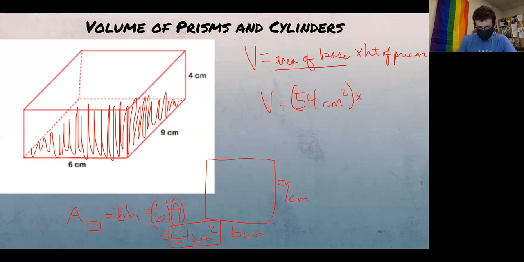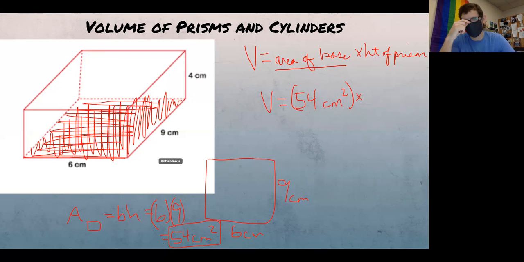In this particular problem, what value would be the height of the prism? 4. So the main idea behind the height of a prism, and there was a question in the chat, I'll come back to that in a second.